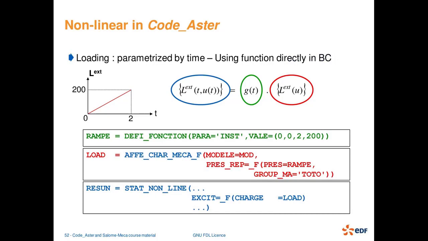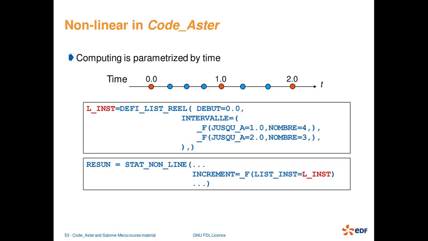So this we have already seen probably. Now, in order to have the computation at different time steps, I must give the system the list of times at which the system should give the solution to me, and that is done by these commands DEFI_LIST_REEL, that means define a list of real, and then using that list in the nonlinear analysis.